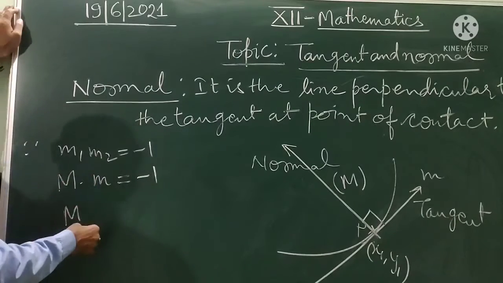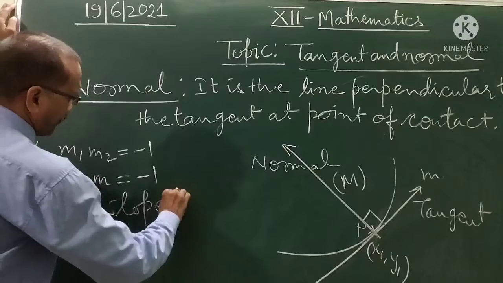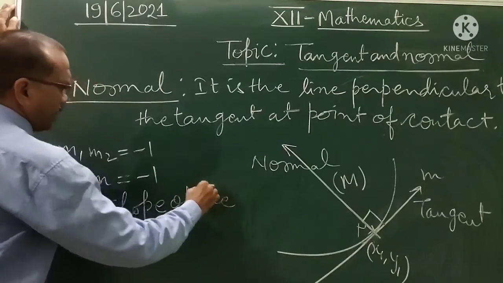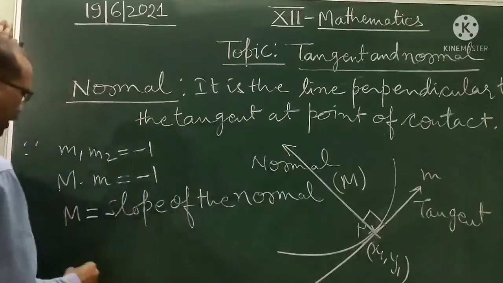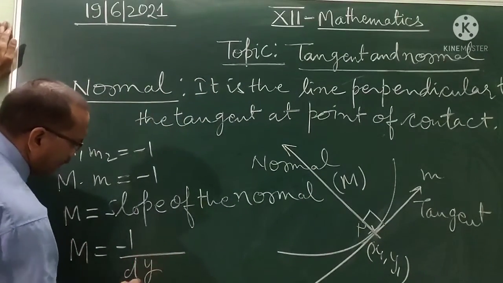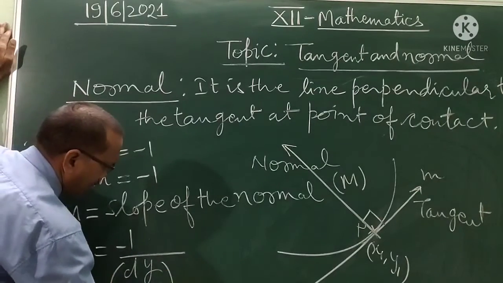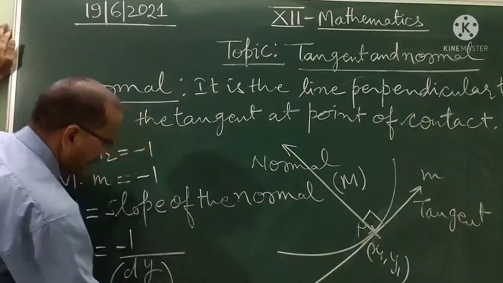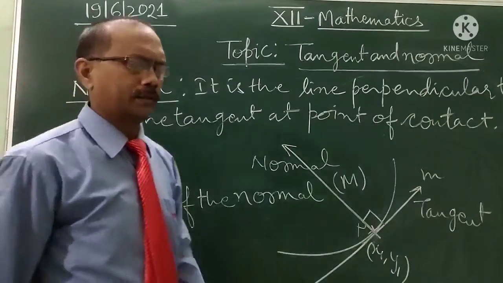And capital M is the slope of the normal. Then capital M equals minus 1 upon dy over dx at the point of contact (x1, y1). It is the slope of the normal.